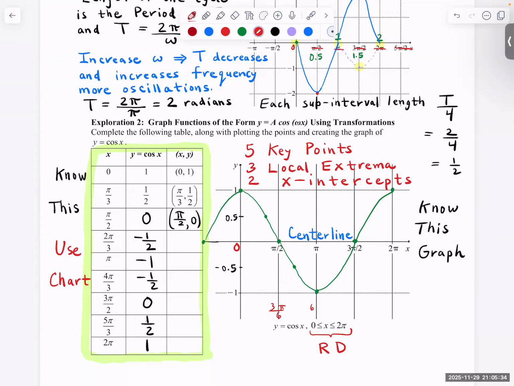Pi is 6/6. And 3 pi over 2 in terms of 6 would be 9 pi over 6. So back to the table, pi over 3 is 2/6 pi. So to find 2/6 between 0 and 3/6, if we marked 3 equal angles, they would be 1/6, 2/6, but 2/6 is pi over 3.